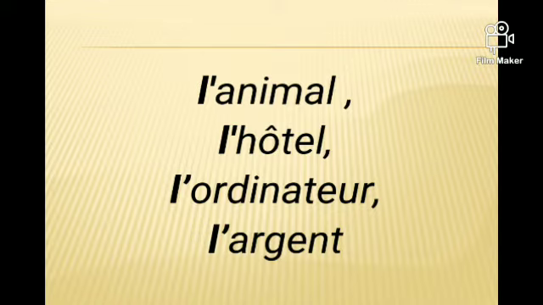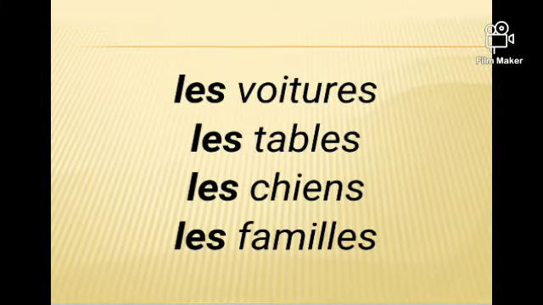All of them are singular masculine or feminine words, so we use l'. When we have plural words which are masculine or feminine, we use les. Les voitures, les tables, les chiens, les familles, where voiture, table, chien and famille are plural words which are masculine or feminine, so we use les.